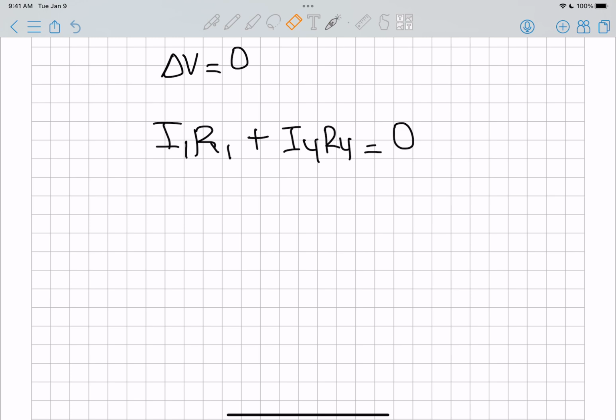That's what it is formally for that loop rule. That's just the expression for the loop rule. But I don't know what's throwing me off. I think I'm just messing up my signs.